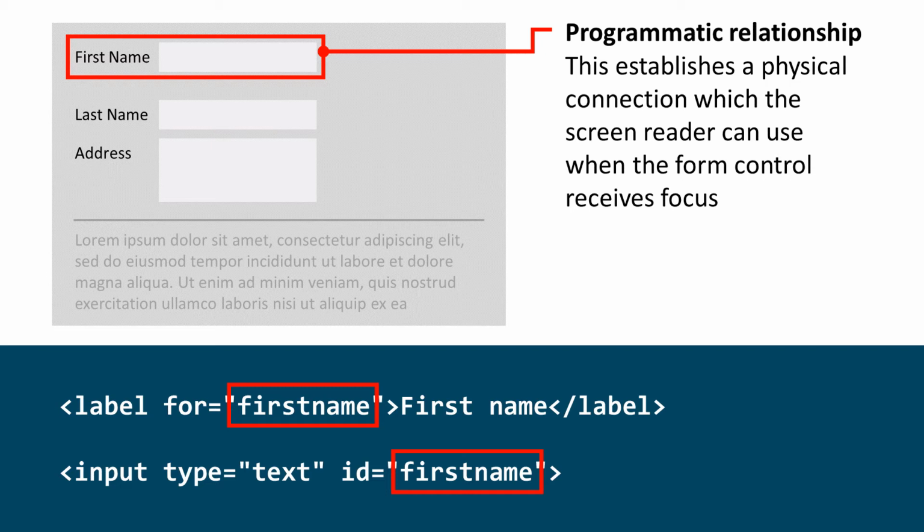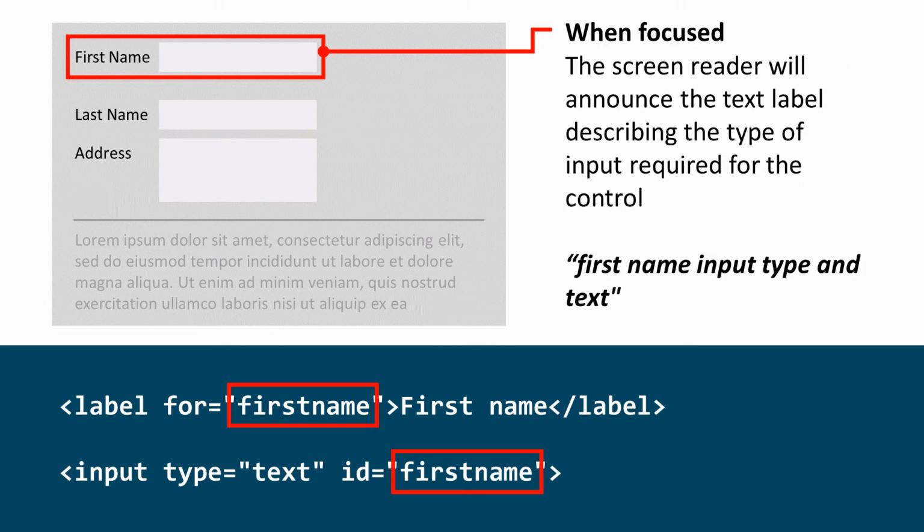When the same process of navigating through the form is repeated, on keyboard focus, the screen reader will announce the text label describing the type of input required for the control, providing a really clear indication that the control is for a certain type of data. In our example, it will announce first name, input type and text.